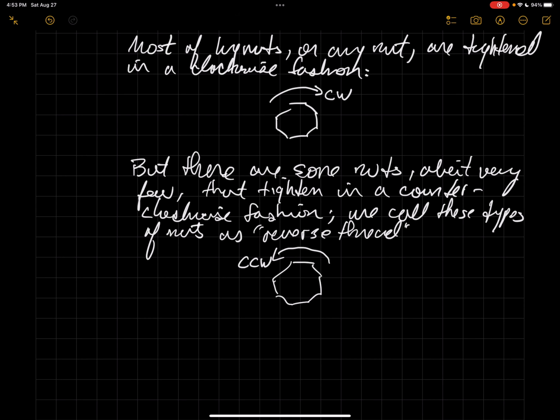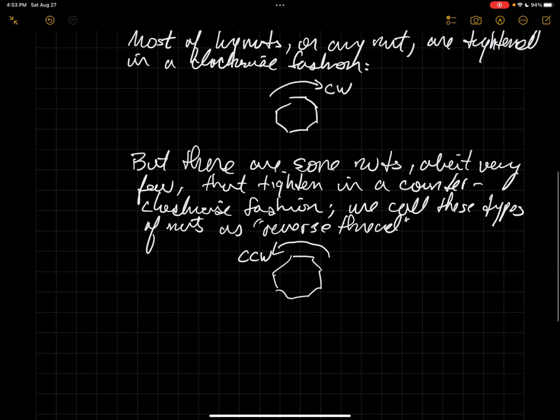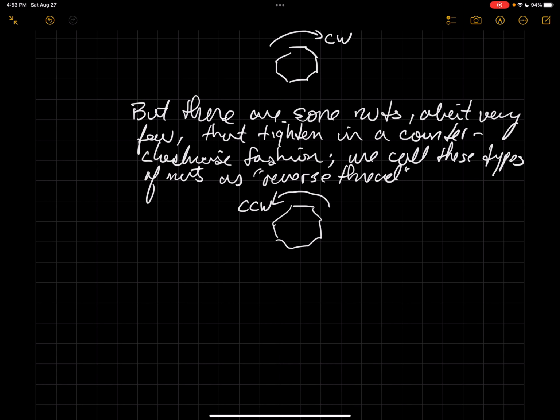Okay? So you might have a nut, for example, that in order to meet the tightening specification has to be torqued to 100 foot-pounds, but it has to be torqued to 100 foot-pounds in a counterclockwise fashion. Okay? In other words, it's not enough to just tell me that it needs to be tightened to 100 foot-pounds. I actually need to know that it should be tightened to 100 foot-pounds in a counterclockwise fashion.